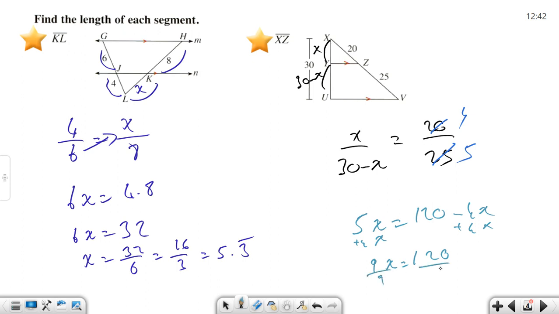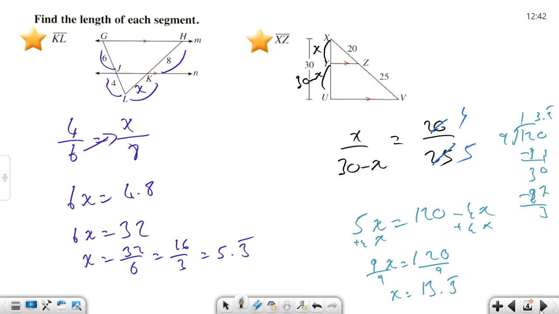When you divide it by 9, X equal 120 divided by 9. 1 times 9, 9, 3, bring down 0, 3 times 9, 27, again 3, so put the decimal point. 13.3 is repeating.